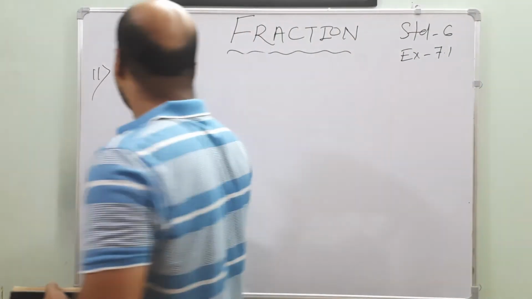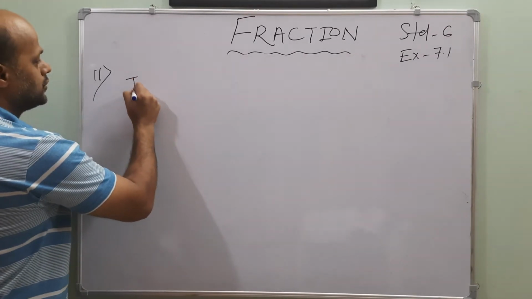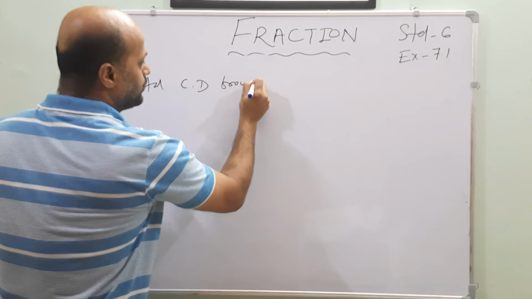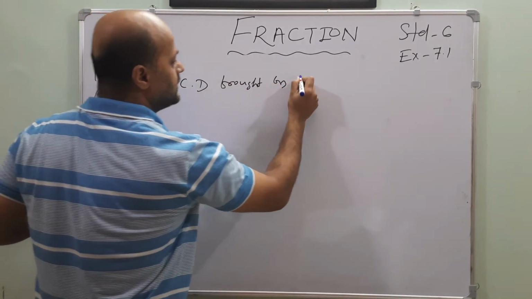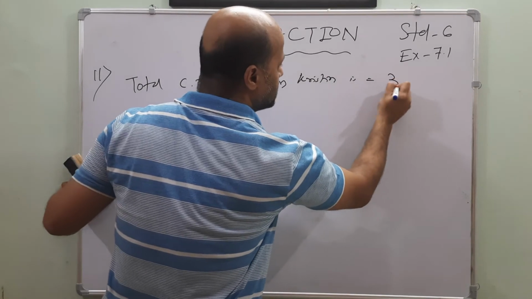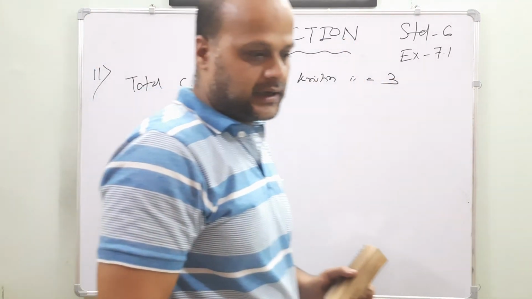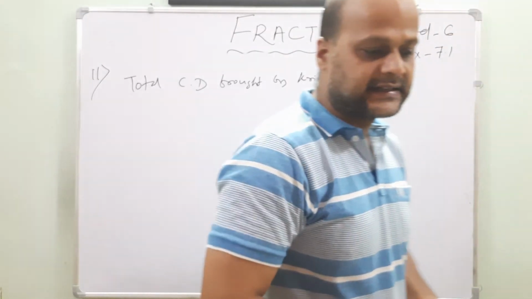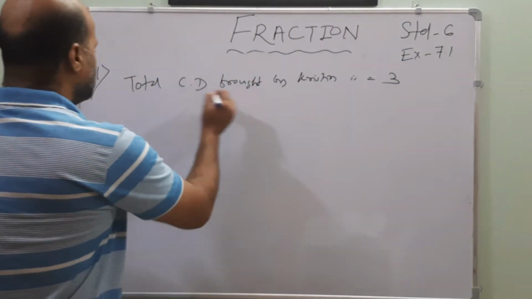How many CDs bought by Christine? Total CDs bought by Christine is 3. Okay. She bought 3. And she received 5 as gift.